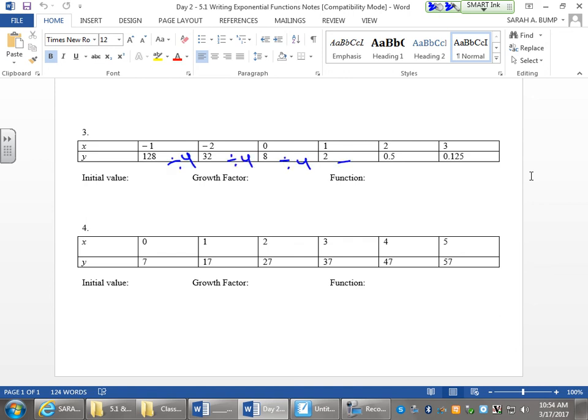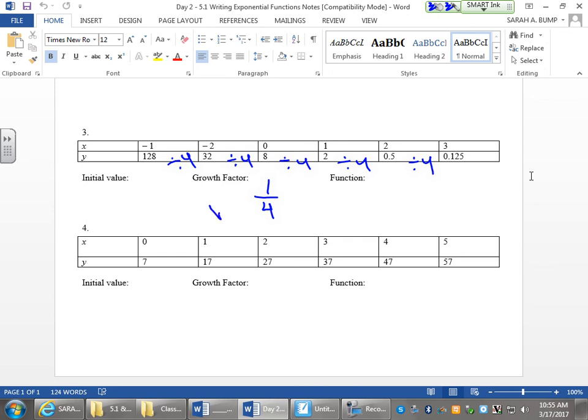So each time the y values get divided by 4. To write that as a growth factor for division examples, division in math is always multiplying by the reciprocal. Like when I grade quizzes and tests, I'm like, stop dividing by fractions. We don't divide by fractions. We can also multiply by the reciprocal instead.